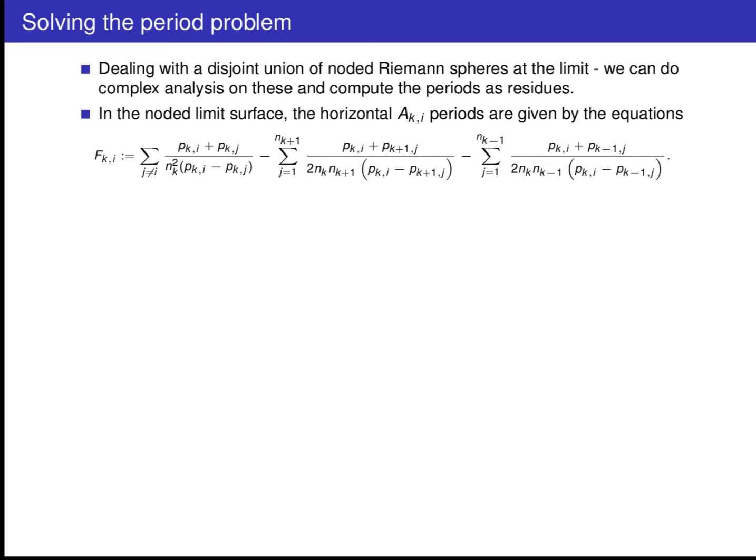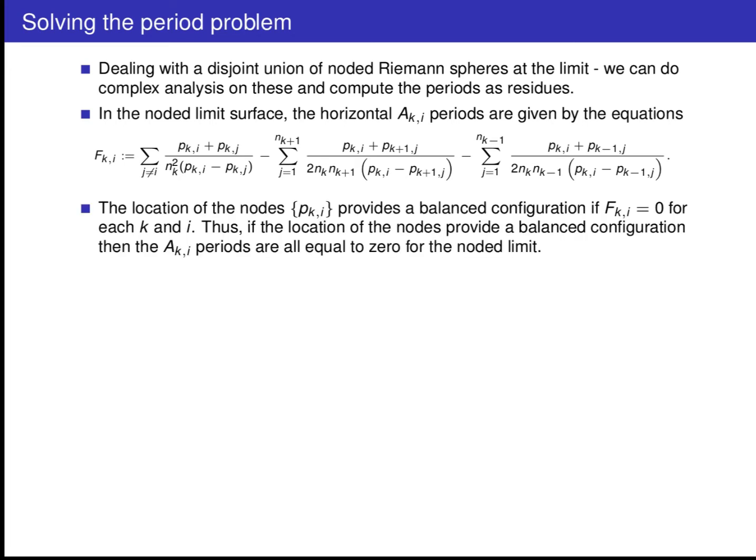So in the nodal limit surface, those horizontal A_ki periods are given by the following equations, and these are referred to as the force equations. So these p_ki terms, those are the locations of the nodes. When we get a suitable location of the nodes, we'll be able to solve these force equations and solve the horizontal A_ki periods. That's referred to as our balance equations.